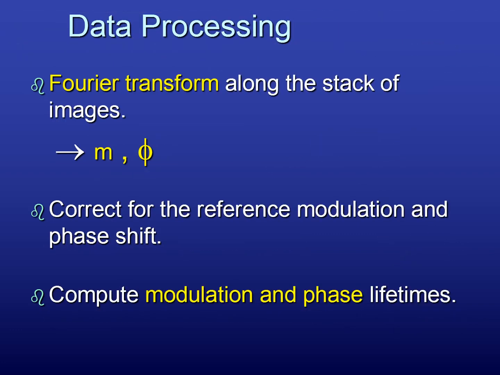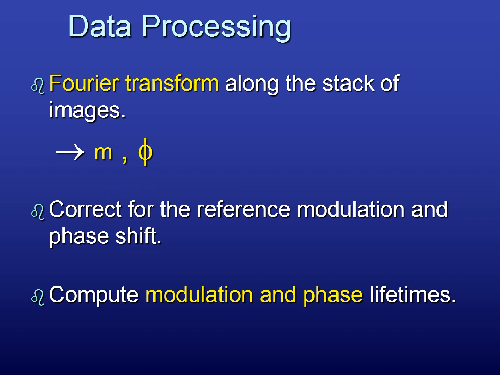So how do you process this data? Well, you Fourier transform along the stack of images. That's just a trick to best determine the modulation degree and the relative phase, because then you can just look at the first order harmonic peak of this Fourier transform, and it automatically gives you the complex value of degree of modulation and phase, essentially by comparing the 0 order to the first order peak for the degree of modulation, and by looking at the phase of the first order peak, you know your phase.